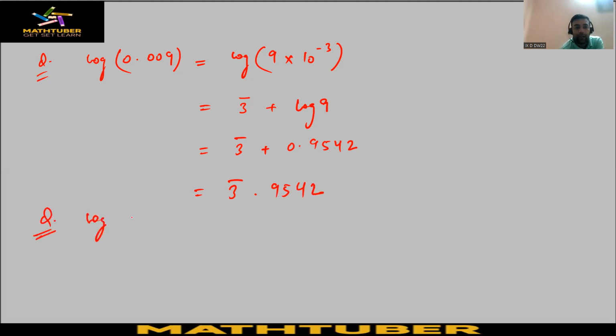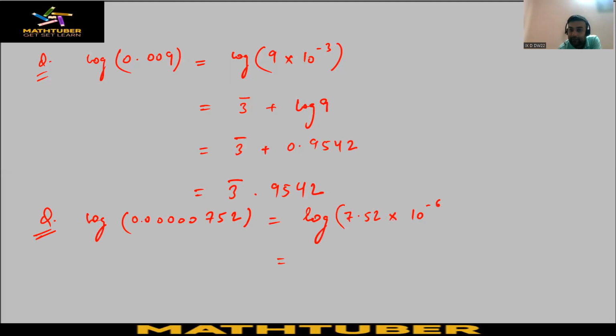Similarly, if you have a smaller number, suppose 0.0000752, suppose this is the number. First of all, convert this number into standard form, that is 7.52 into 10 raised to power, how much will it be? Minus 6.